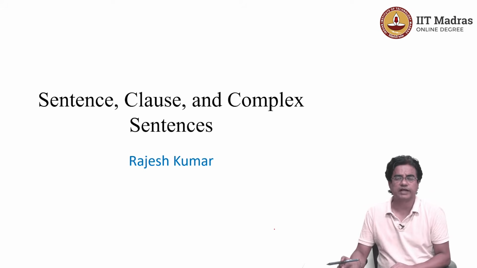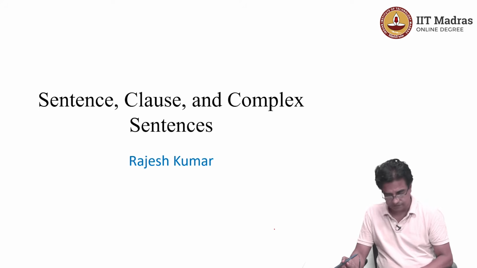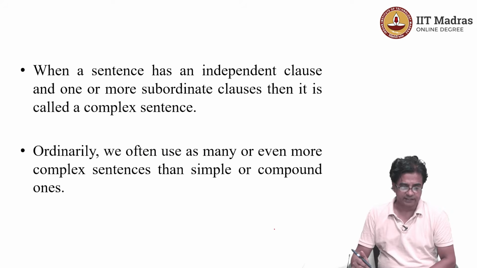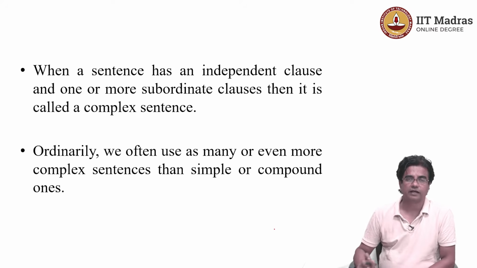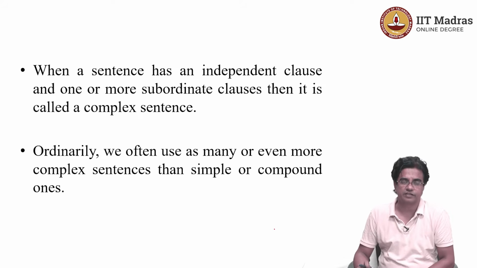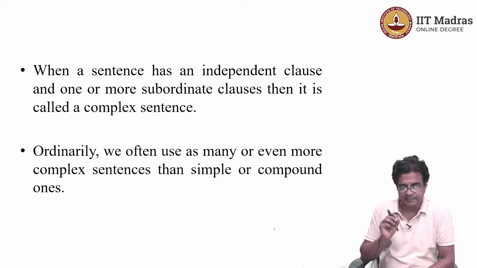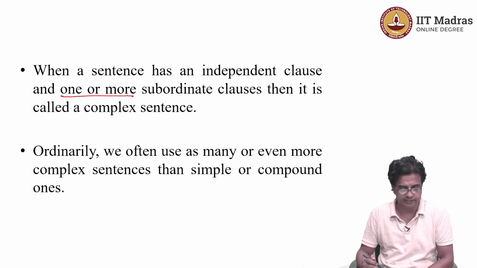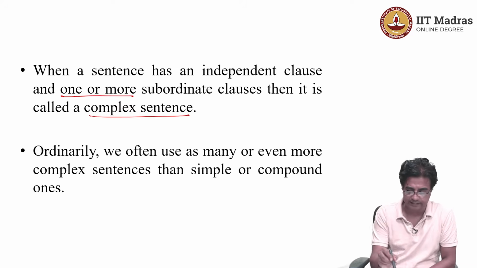Let's look at some of these examples which will help us illustrate the complexity underlying a sentence. So, what you learned from this slide is what I was describing, that when a sentence has an independent clause and one or more subordinate clauses, then it's called a complex sentence.